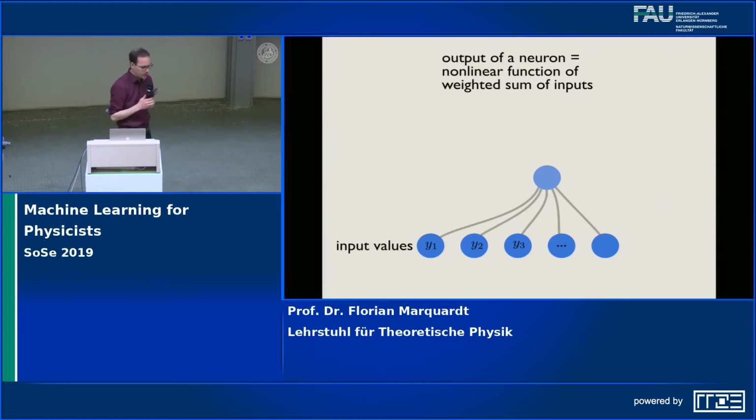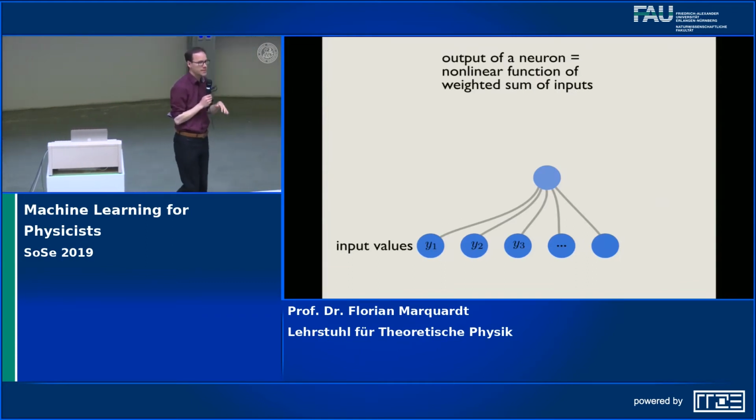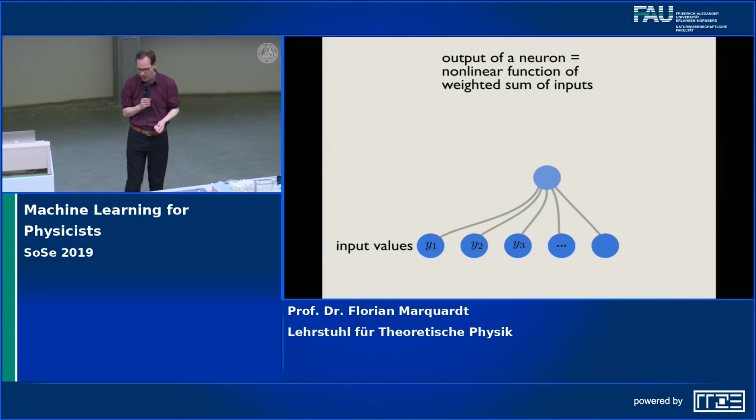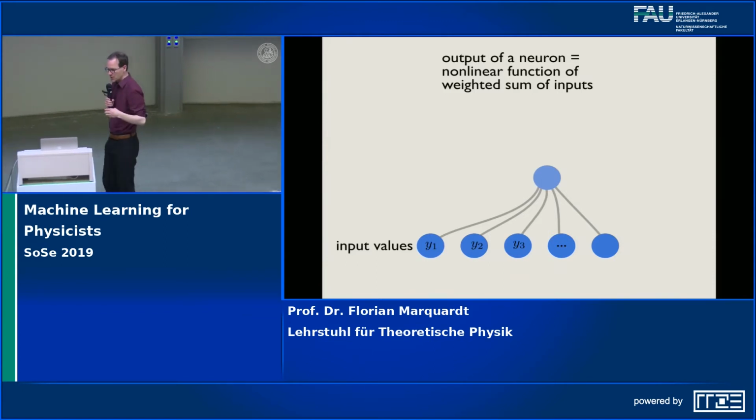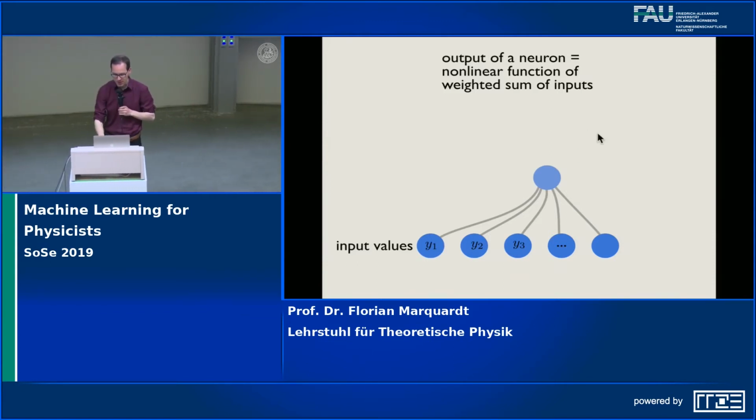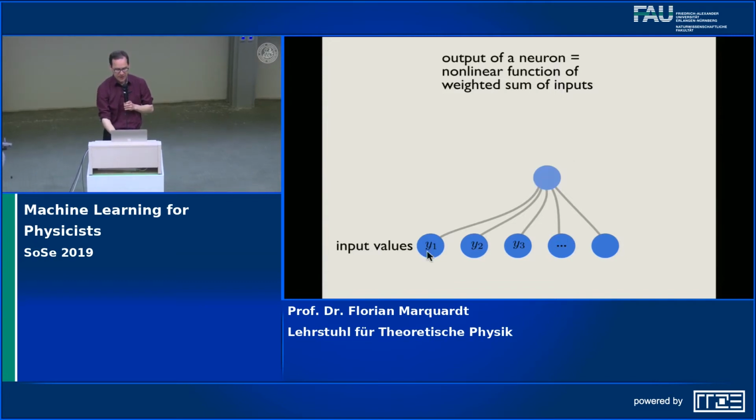Okay, so now we zoom in. We look at a single neuron and how it works. The purpose of such a neuron is to take the values of the neurons in a previous layer and calculate a new number, a new output.